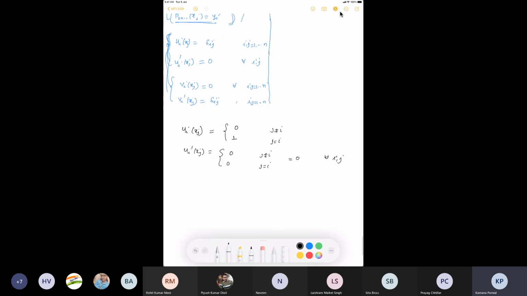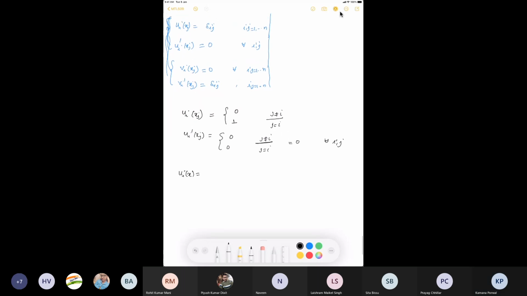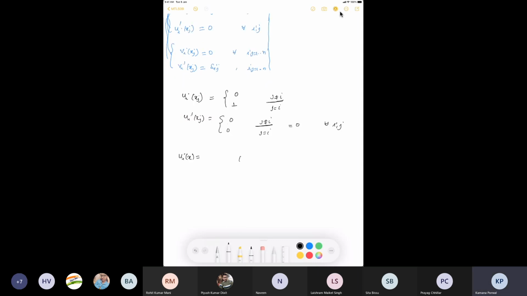Okay, so first I'm just trying to take care of the part when j is not equal to i in both the cases. So I'm trying to write the form of the ui(x) now. When j is not equal to i, I want that ui at xj should be 0 and ui prime at xj should also be 0. This means that for all j not equal to i, this factor x minus xj is going to be a double root for the ui, right?